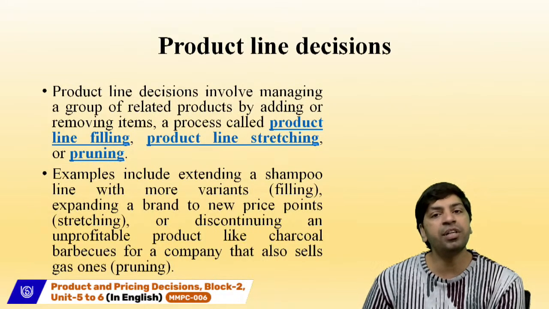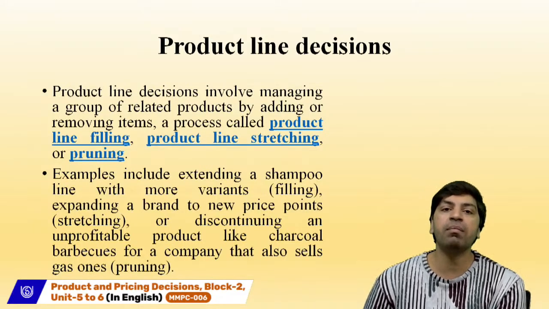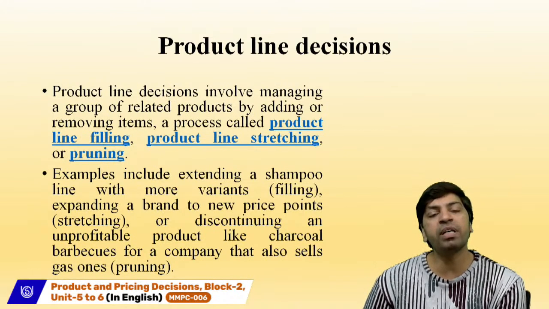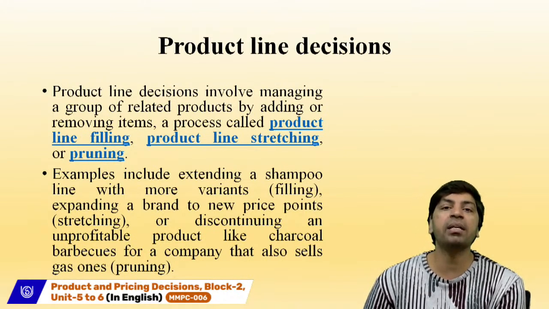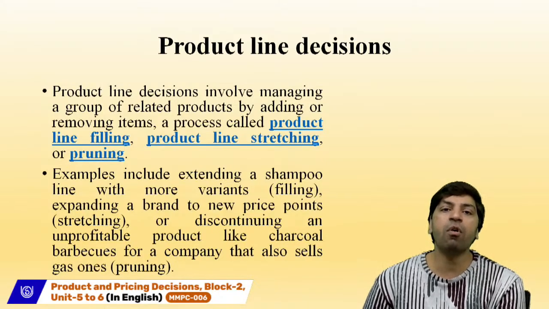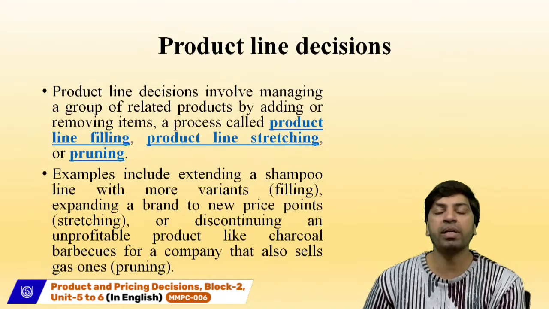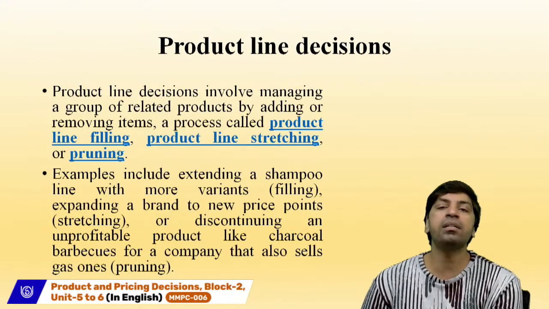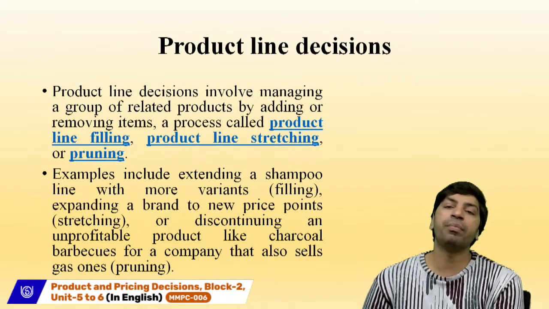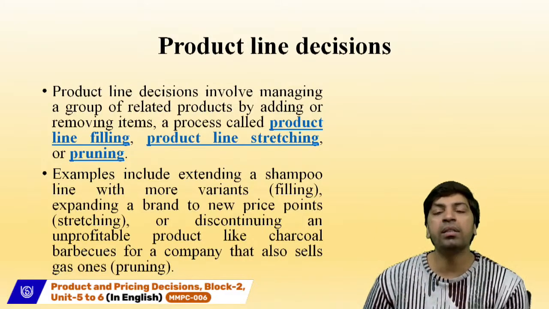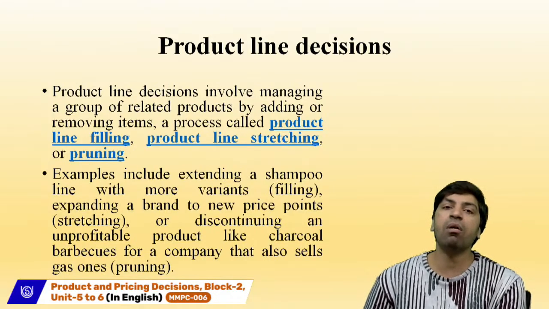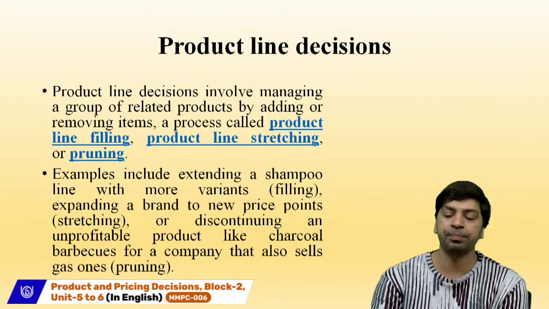Discontinuing an unprofitable product, like charcoal barbecues for a company that also sells gas ones, is called pruning. That means discontinuing the old one and entering into a new one. So this is how the decisions are taken based on these situations.